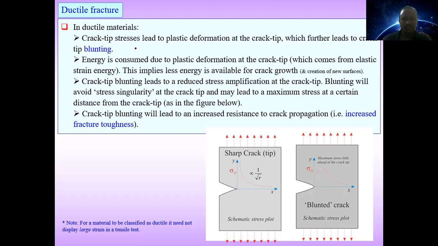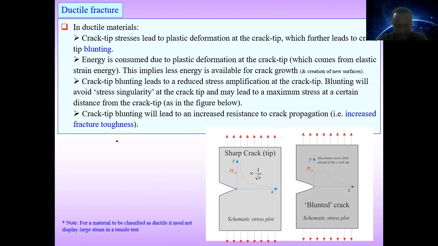Crack tip blunting leads to reduced stress amplification at the crack tip. Blunting will avoid stress singularity at the crack tip and may lead to maximum stress at a certain distance from the crack tip. So crack tip blunting will lead to an increased resistance to crack propagation and increased fracture toughness.